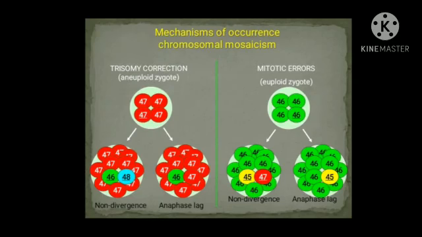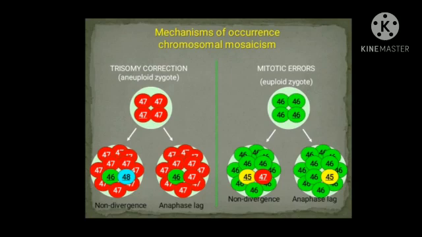For example, during mitosis, one chromosome cannot move and stays with its pair chromosomes. As a result, one part of the cells has 46 chromosomes, but another has 48.